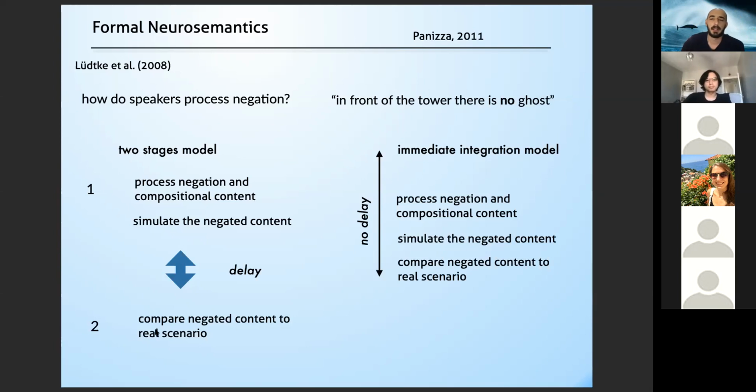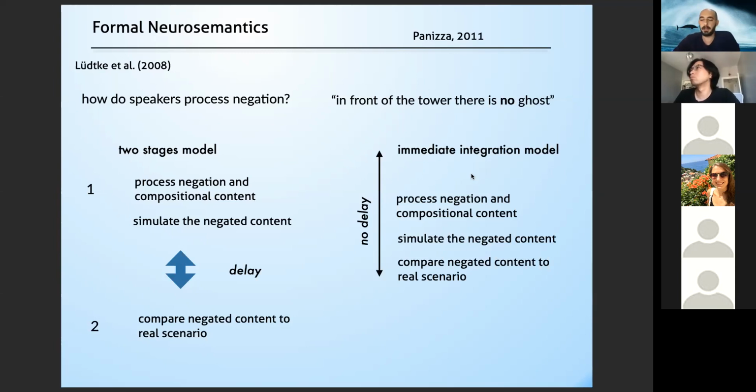But then alternative models maintain that actually you immediately integrate the compositional meaning of negation, and you don't have to simulate the positive representation of the content of negation in order to get the meaning of the negated content.